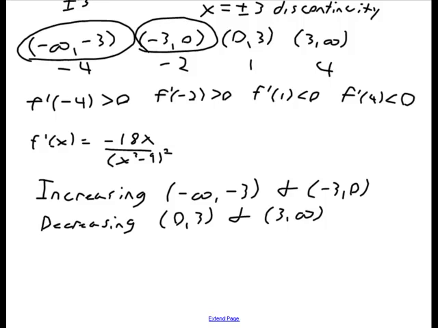So if a graph is increasing up to a point, hits the point and decreases, that will be a maximum. So we can say that there is a max at the point x equals 0, and when we plug that into the original function, y equals 0. So by using this first derivative test, we can find the extremas, we can find the intervals on which a function's increasing or decreasing, and get a really good idea of what the graph is going to look like.